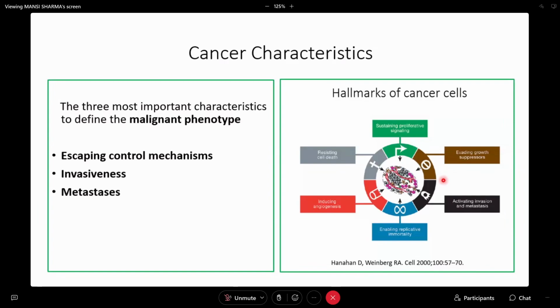We know there was this hallmark paper, the hallmarks of cancer cells, that was originally published in 2000, which looked at these basic principles. They took all the different aspects of cancer cells and put them into various principles, and these were the 6 main or the original principles, which is sustained proliferative signaling, evading growth suppressors, activating invasion and metastasis, enabling replicative immortality, inducing angiogenesis, and resisting cell death.